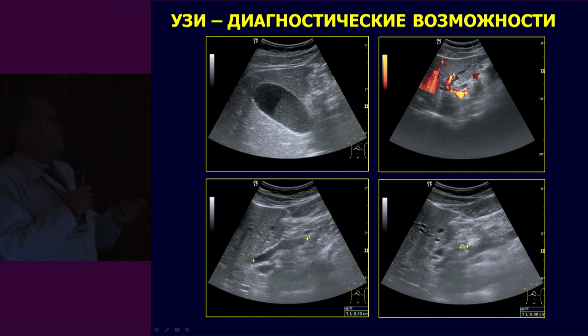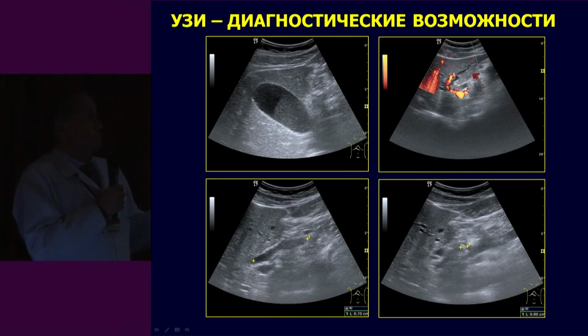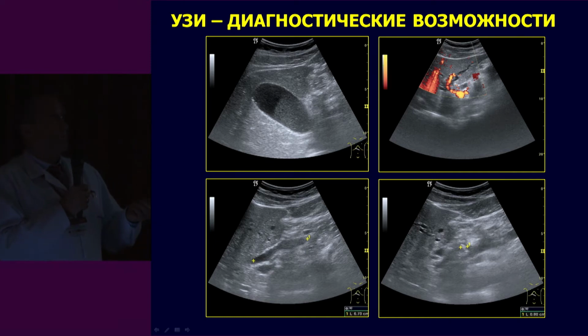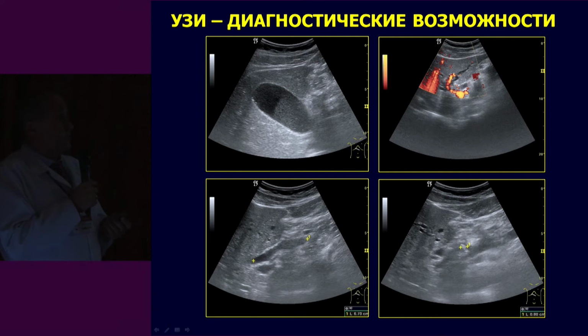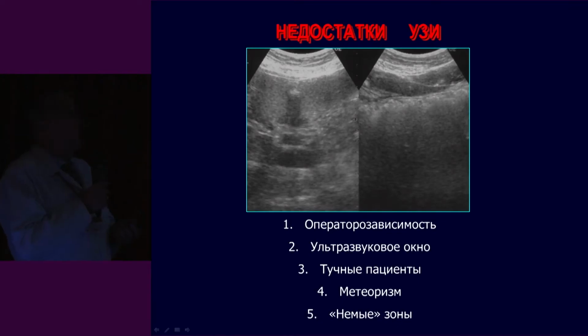And you can see how you can get the image of the gallbladder, as well as assess all the vascular structures from the bile ducts. Also can detect the stone in the distal part of the bile duct, but nonetheless it is operator dependent.